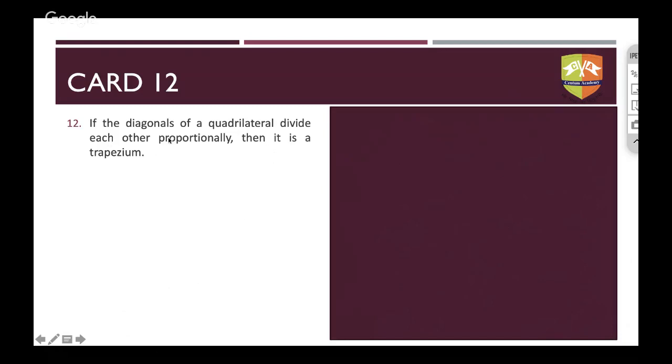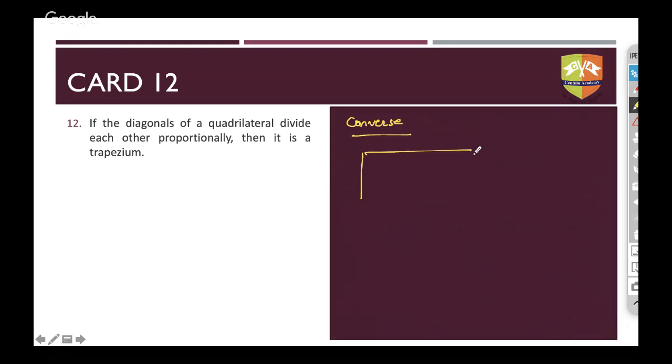Next slide says, if the diagonals of a quadrilateral divide each other proportionally, then it is a trapezium. This is the converse of the previous theorem. So what does it say?